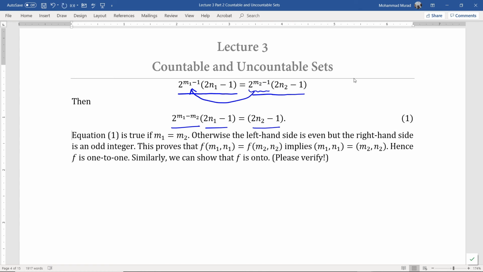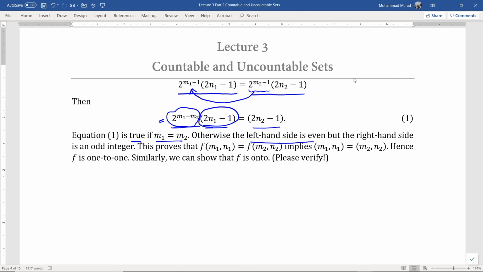Now, equation 1 is true if m1 equals m2. Otherwise, the left-hand side is even, because if m1 is not equal to m2, then this would be some factor of 2 times some integer. So the left-hand side must be 2 times some integer.